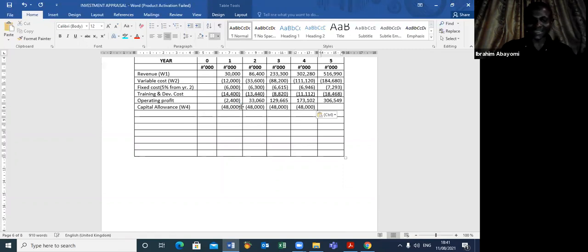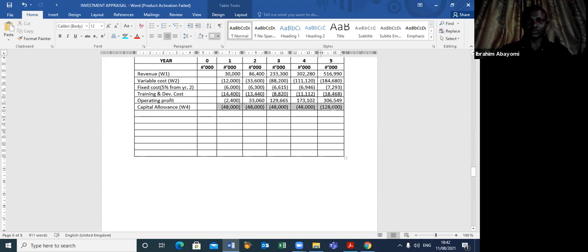But in the last year, it's going to be 128,000. That is the sum of the capital allowance for year 5 and the balancing allowance. That's what made it 128,000.